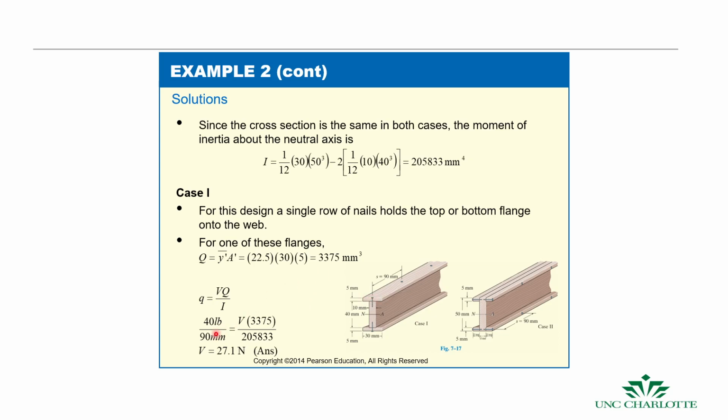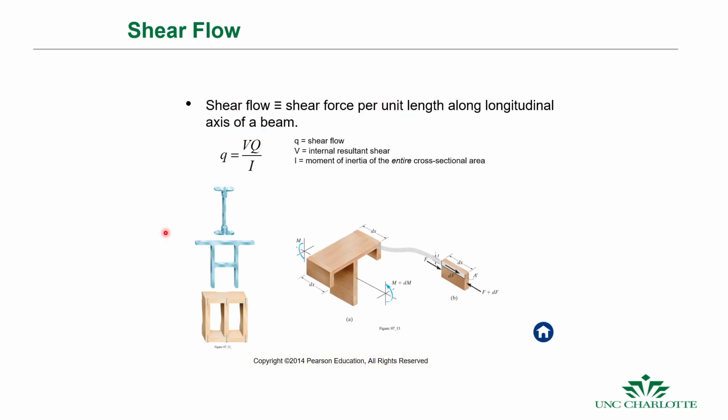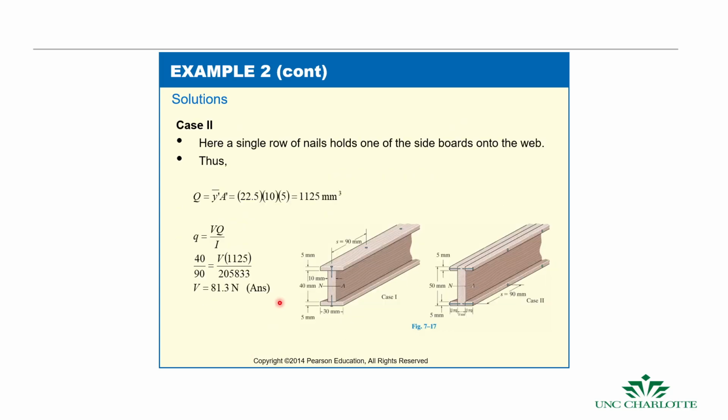Okay, so we can calculate that, and we find that the shear flow for this member is VQ over I. So we use VQ over I, and we find that the shear that's developed is 27.1 newtons.